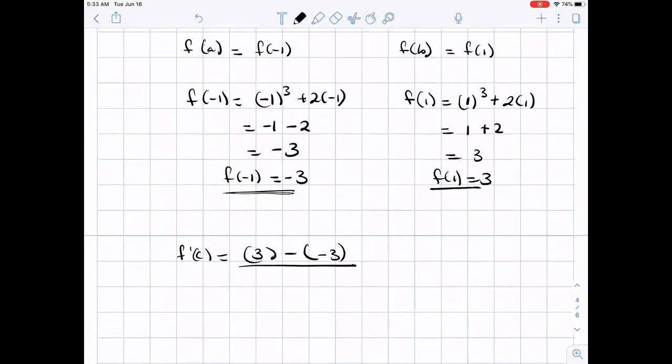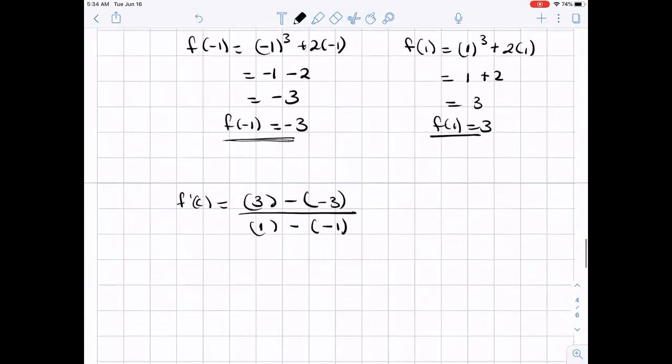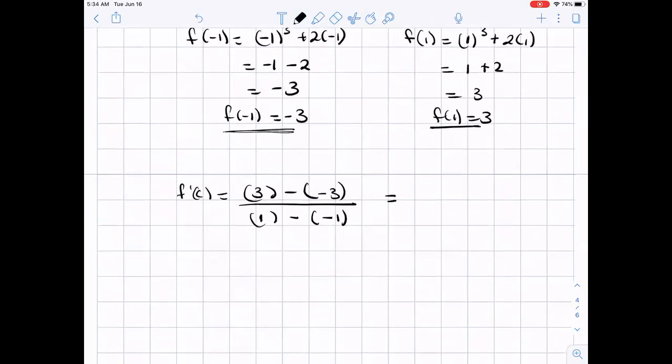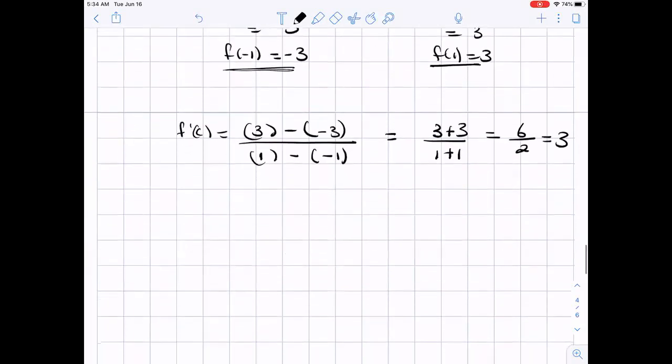The value of b we know was 1, and the value of a is negative 1. So simplifying this, we have 3 plus 3 over 1 plus 1, which is equal to 6 over 2, which is equal to 3. So f prime of c is equal to 3.